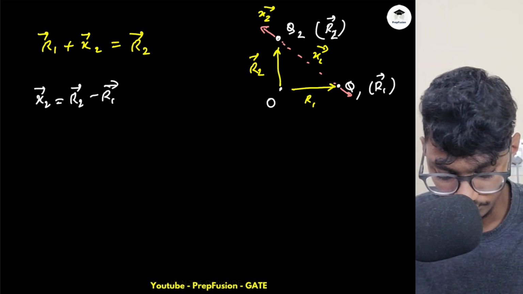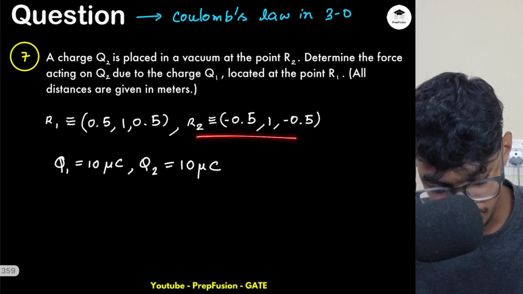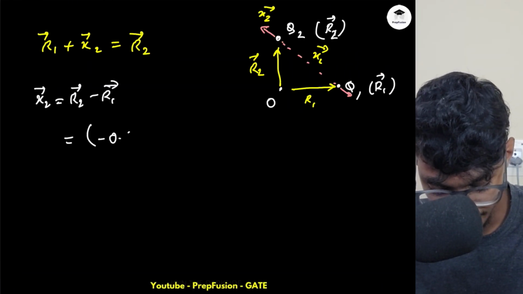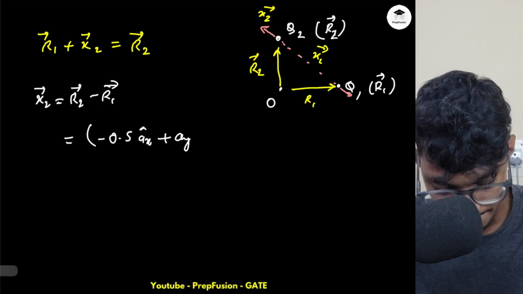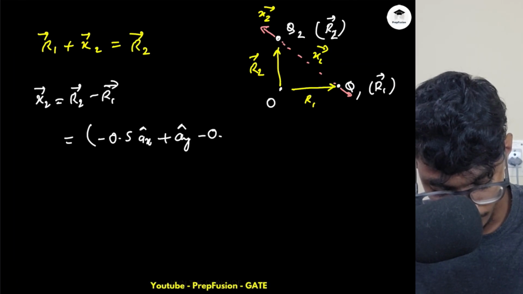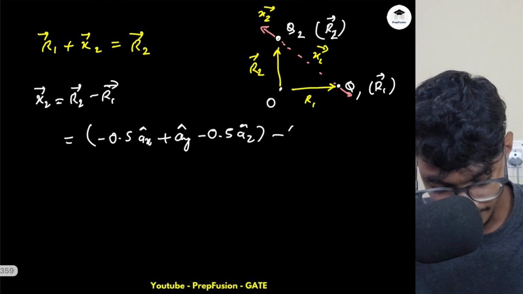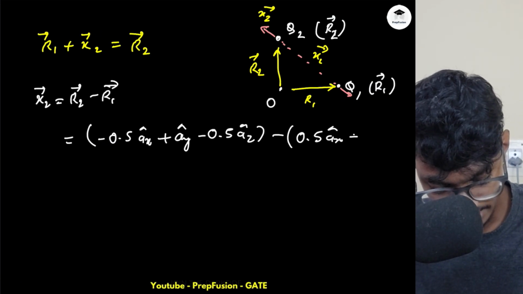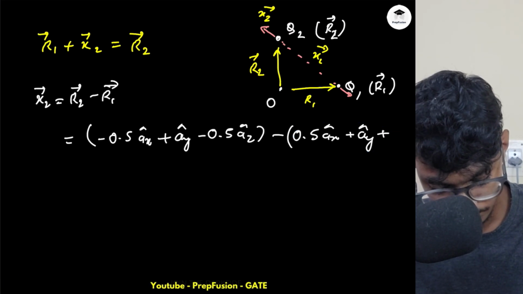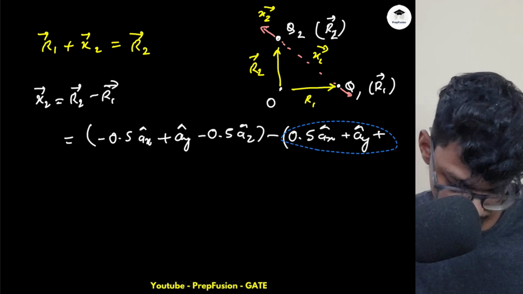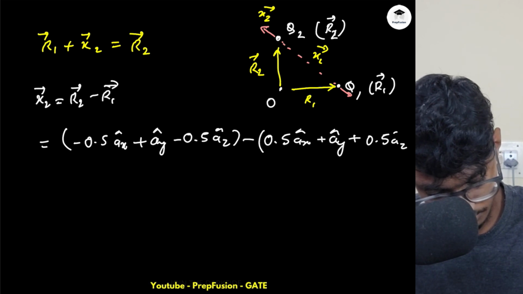Now what is r1 and r2? R2 is this, so I can directly replace it. This is 0.5 ax cap plus 1 ay cap minus 0.5 az cap, and I will subtract from this 0.5 ax cap plus ay cap plus 0.5 az cap.